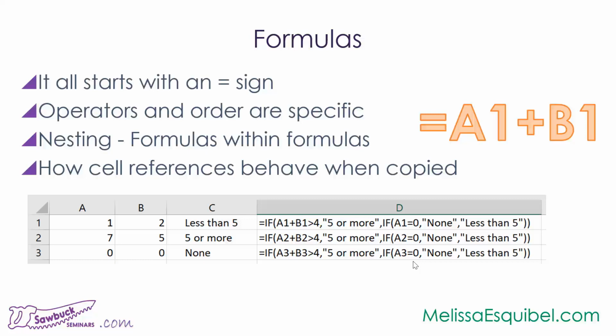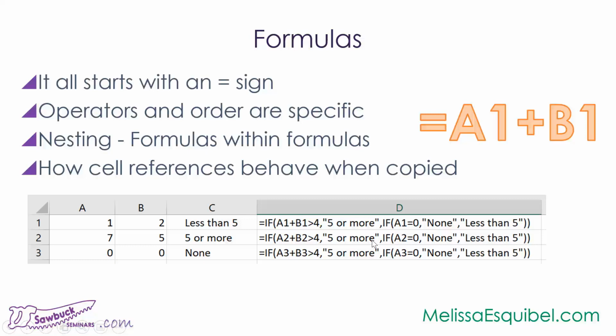So all formulas begin with an equal sign. When you type an equal sign in a cell, you are telling Excel that you want to create a formula. The operators and the order that they are calculated in are very specific. We'll see that in a moment. You can nest formulas within formulas. So if you take a look down here, we have a big if statement, and inside that if statement is another if statement.